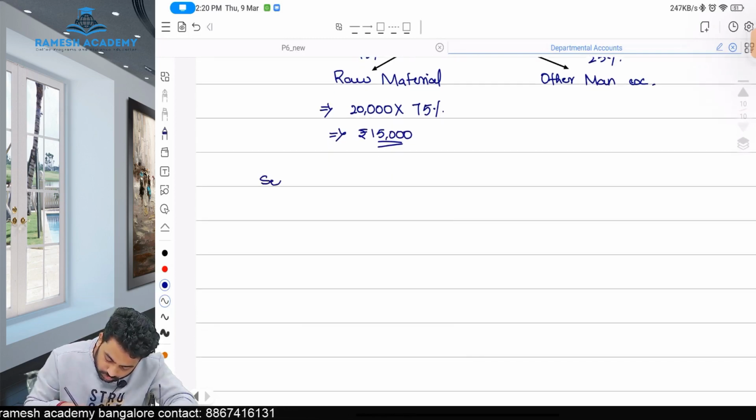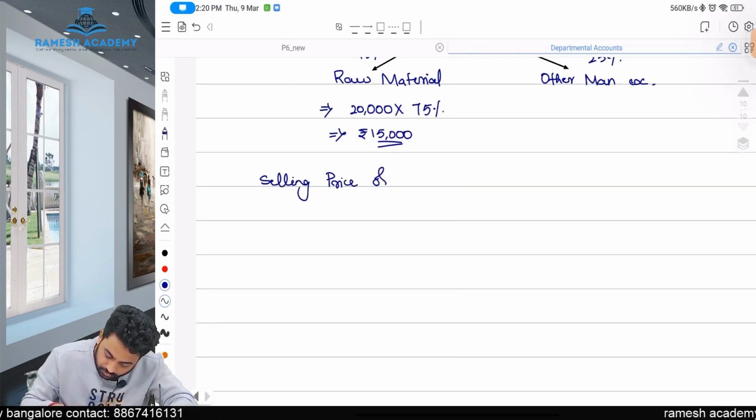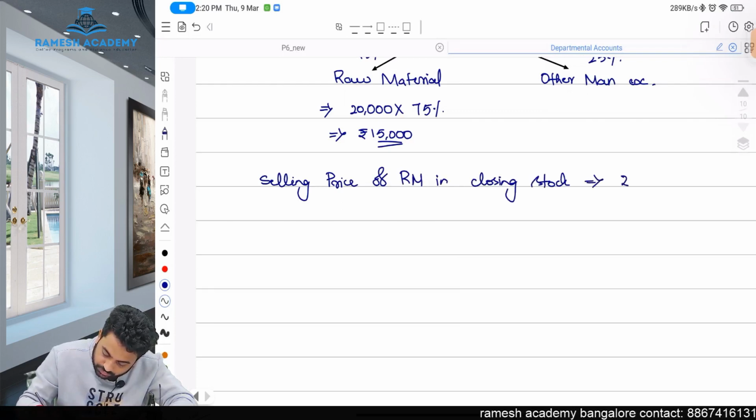So selling price of raw material in opening stock is equal to rupees 15,000. Okay. So how did we arrive at the selling price?